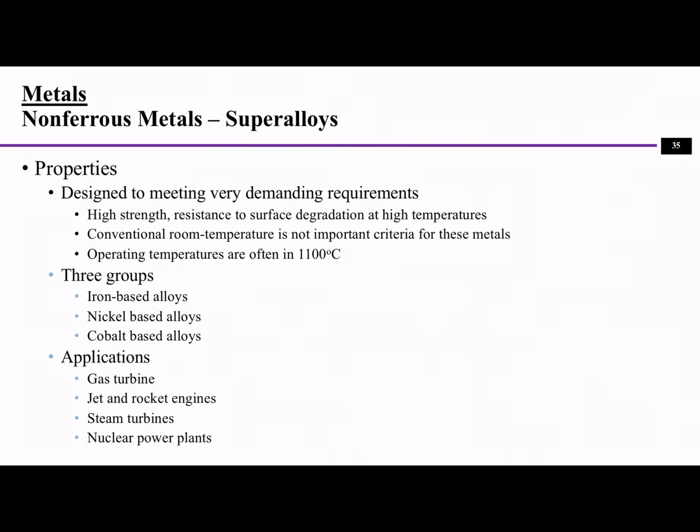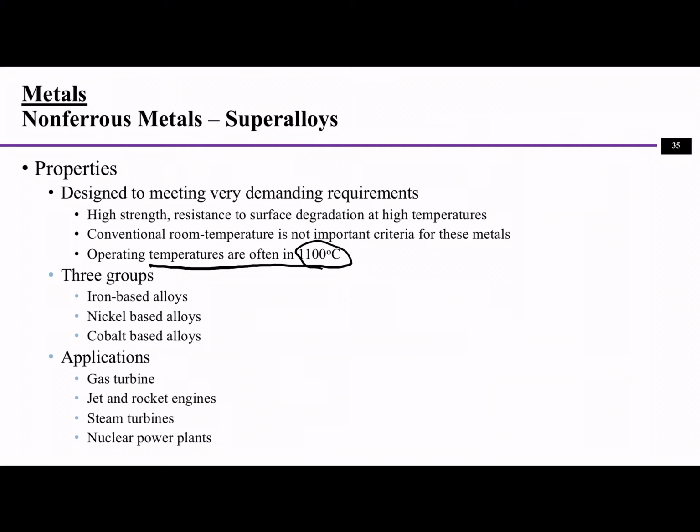Lastly, there are some super alloys. Super alloys are alloys that are created for applications that require very extreme working conditions, for example, temperatures around 1100 degrees Celsius, or really high load.